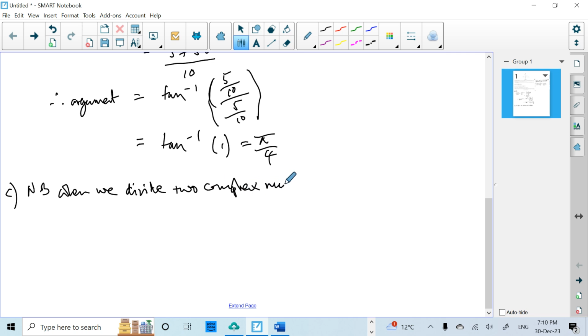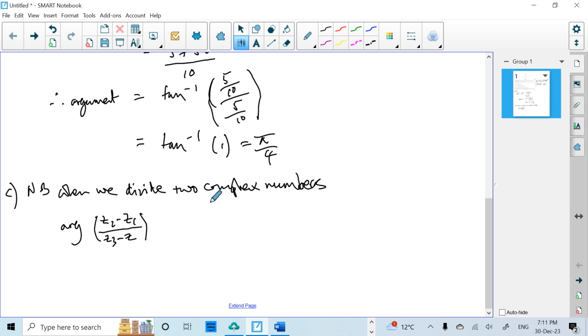Complex numbers such as what was given to us. Oops, there's an r missing here. So we had arg, and just to write it out, z2 minus z1 over z3 minus z1.